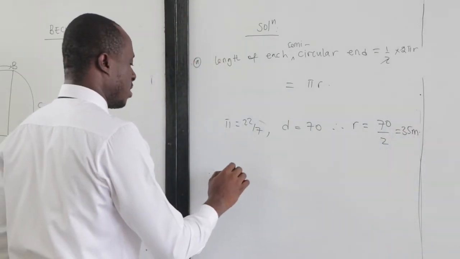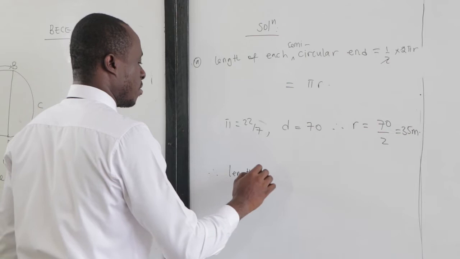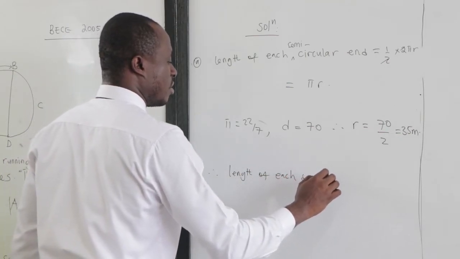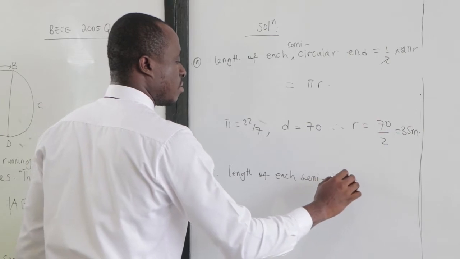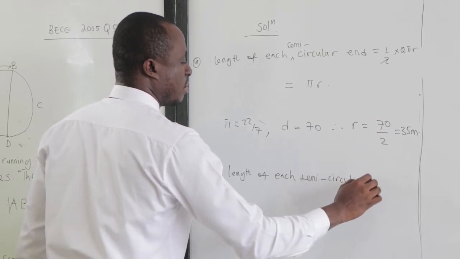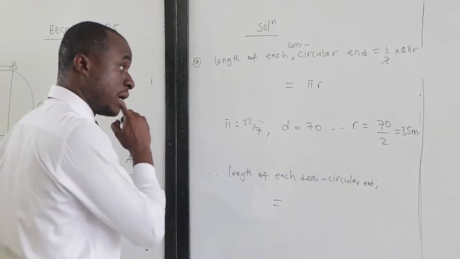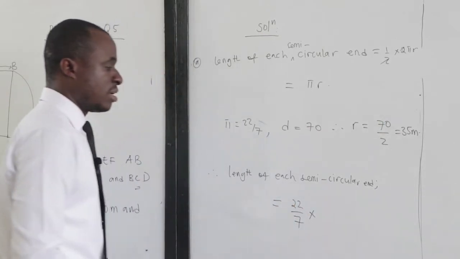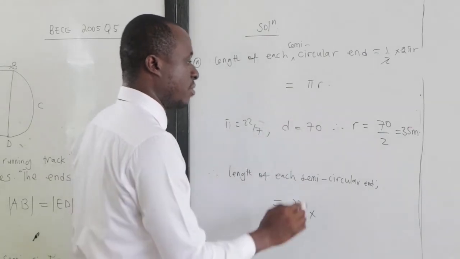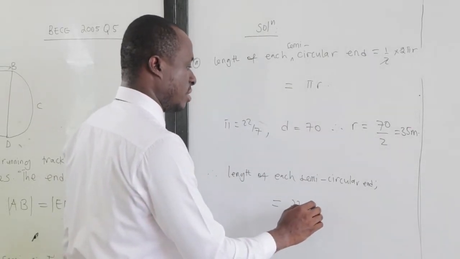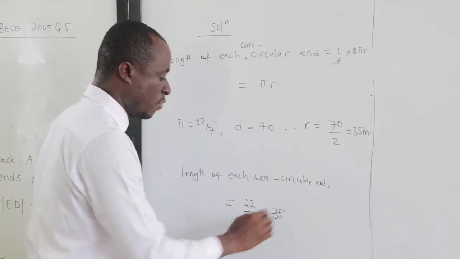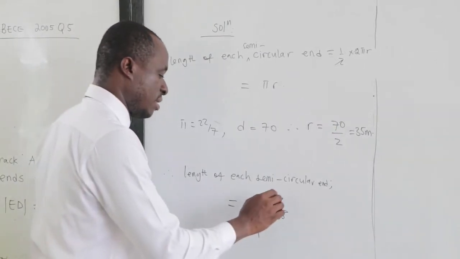Therefore, the length of each semicircular end will be equal to pi r. We know pi to be 22 over 7, and the radius is 35. 7 will go into itself 1, 7 will go into 35 five times.